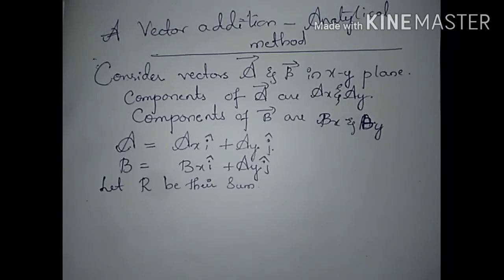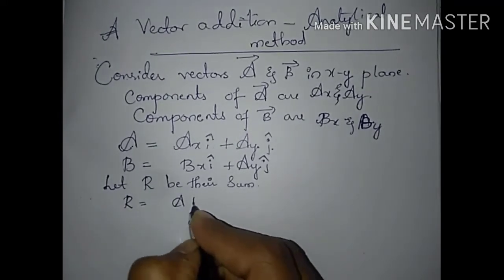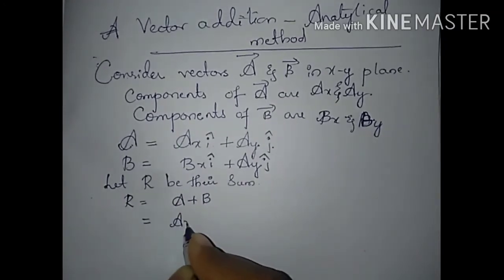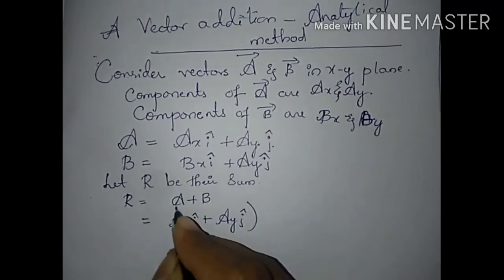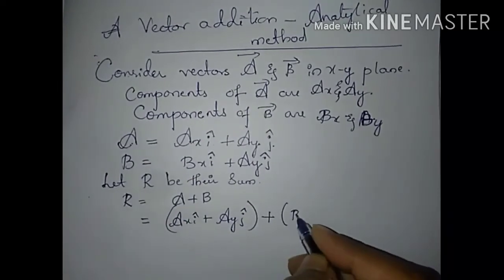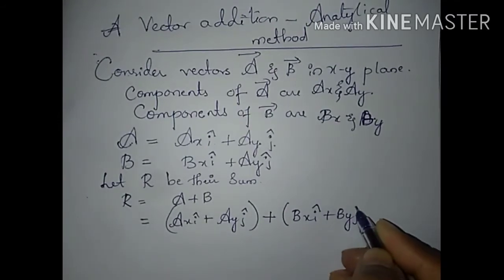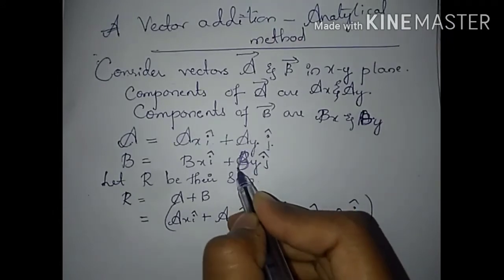So R gives you the sum. So R is equal to A plus B. So this can be written as Ax i cap plus Ay j cap plus Bx i cap plus By j cap.